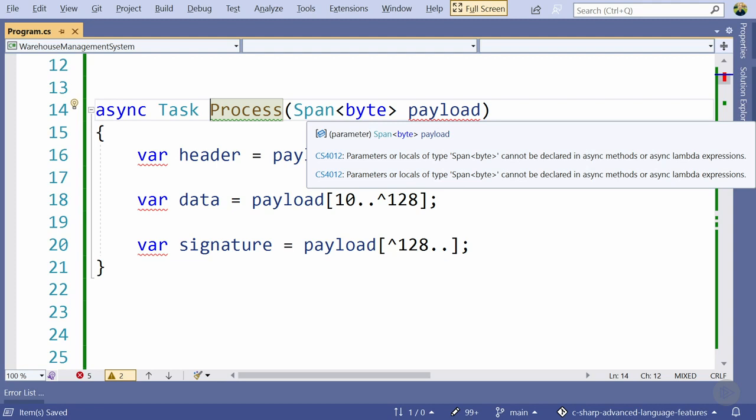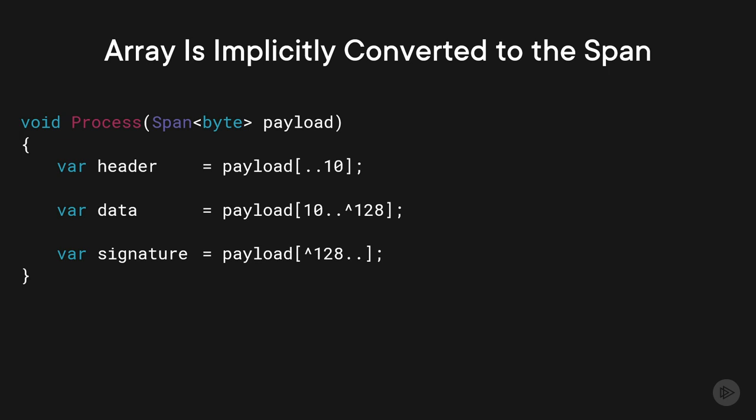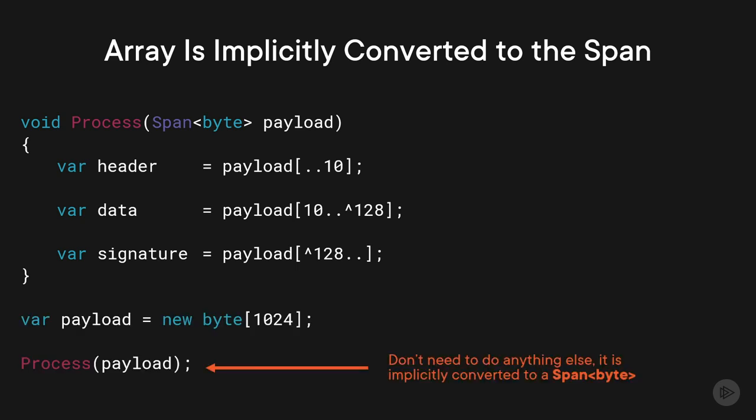We can use a Span<T> as a parameter to a method, as long as it's not an asynchronous method. If the method signature defines that you want a Span<T>, and you pass an array, it would be implicitly converted to a span.